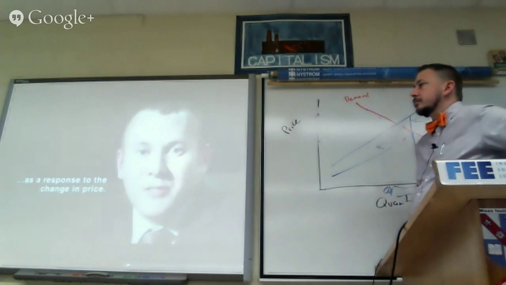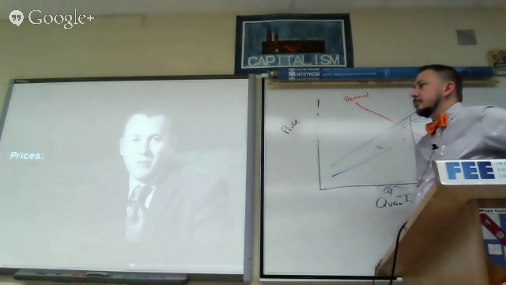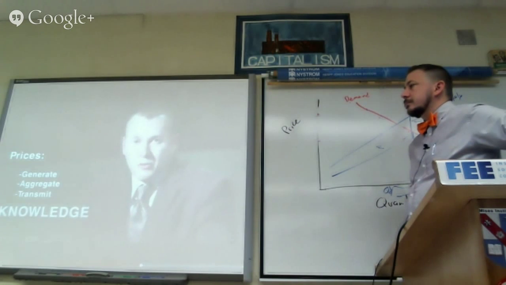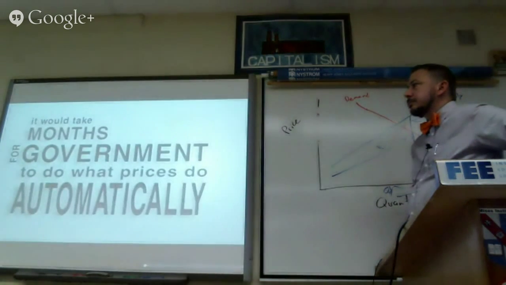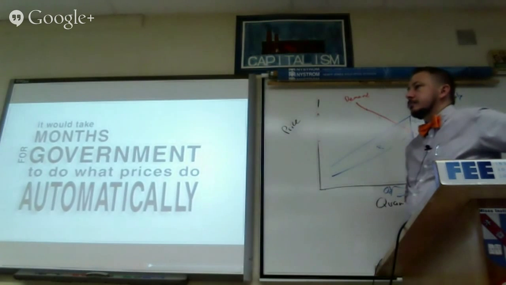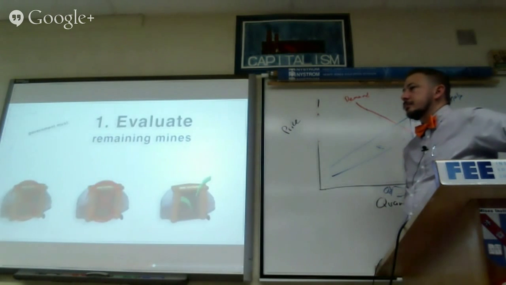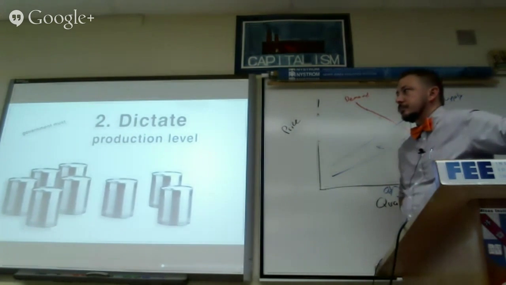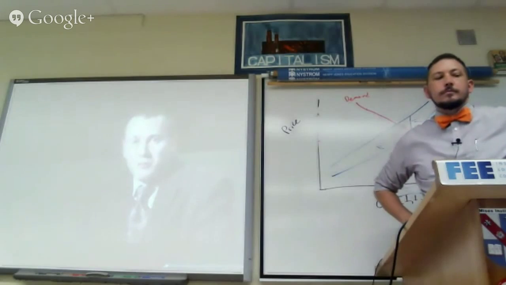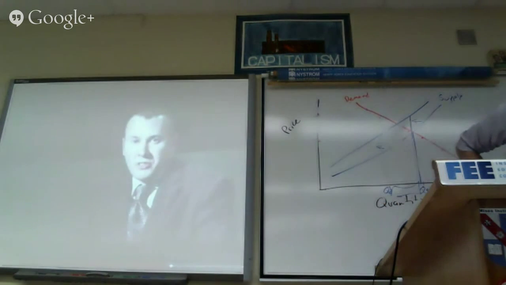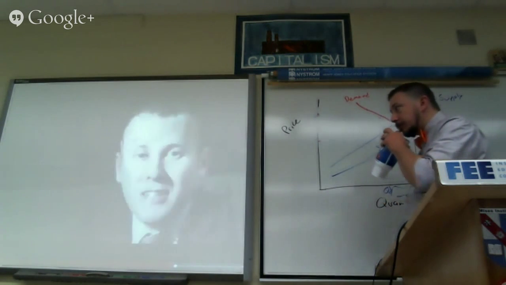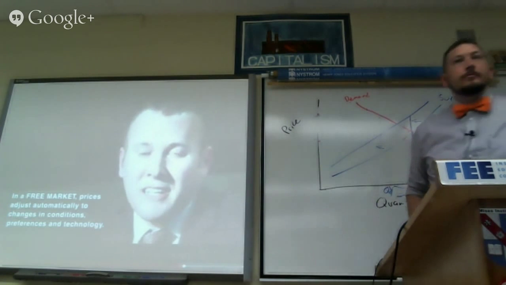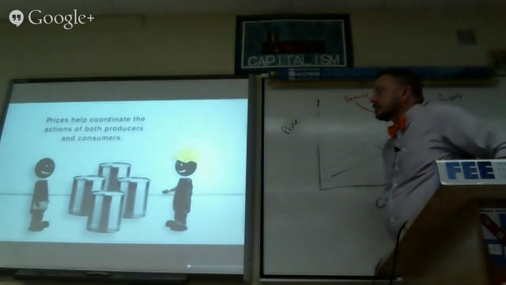As a response, we change the price. Prices play a vital role in generating, aggregating, and transmitting the knowledge that is dispersed around the world. It would take months, maybe even years, for government officials to evaluate the current production levels of the remaining lines, evaluate new technologies to decide which lines can produce more tin. Furthermore, it is nearly impossible for a government agency to track down all the users of tin and prioritize their needs. In a free market, prices adjust automatically to changes in conditions, preferences, and technology, relaying the relevant information to producers and consumers.